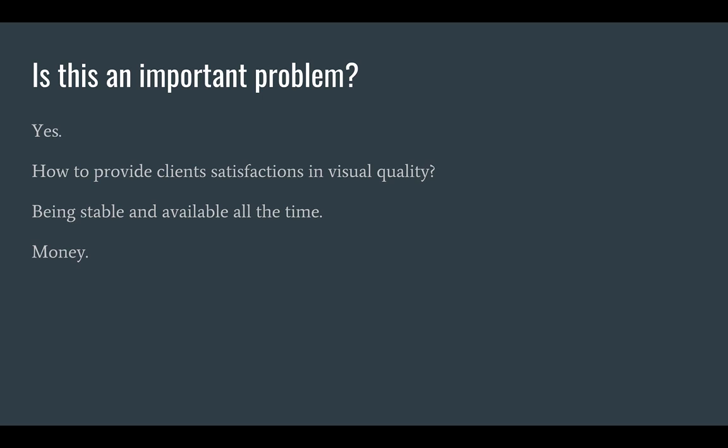Now, let's see if this is an important problem. Of course, yes. How do we provide client satisfaction in visual quality, being stable and available all the time? Obviously, every player wants to play a game smoothly.